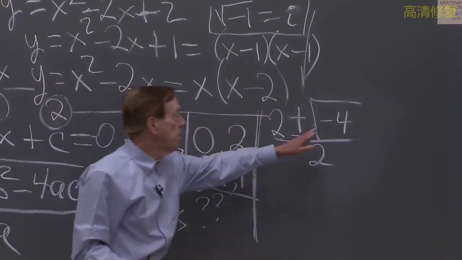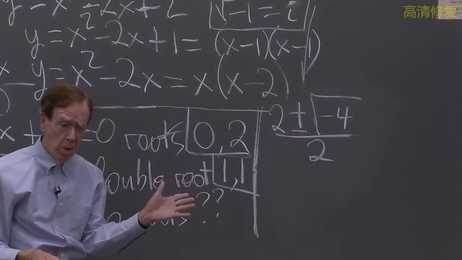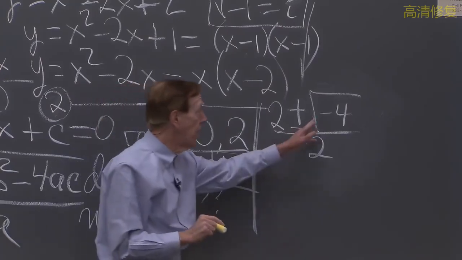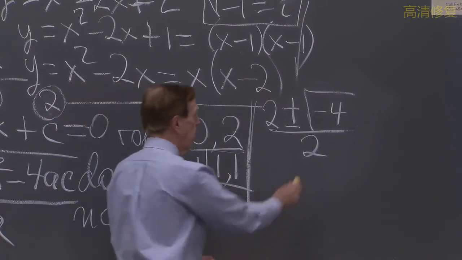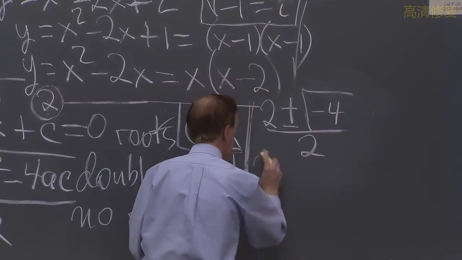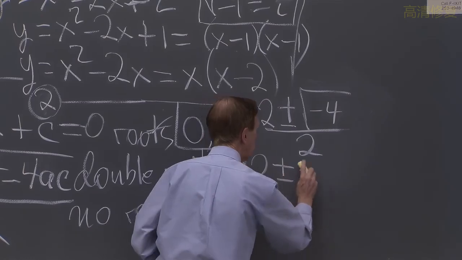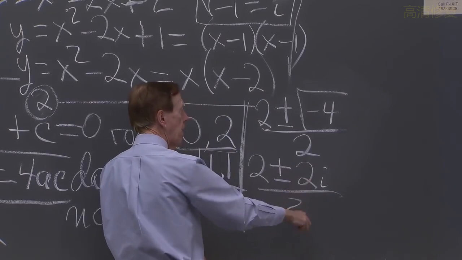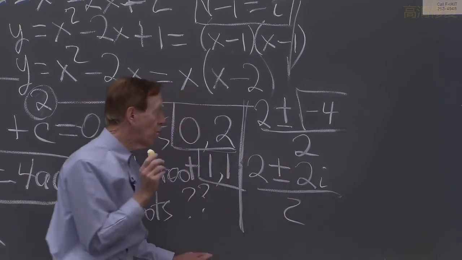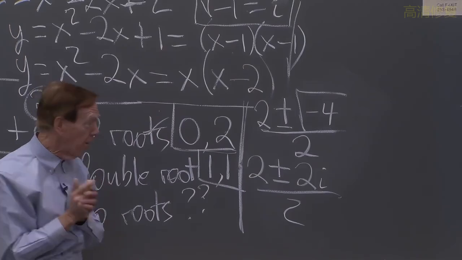Now here I've got the square root of minus 4. Well, the square root of the 4 is 2. It's the minus 1 that's making me imaginary. So this for me is 2i. 2 plus or minus 2i divided by 2. Why 2i? Because let's just check this out.